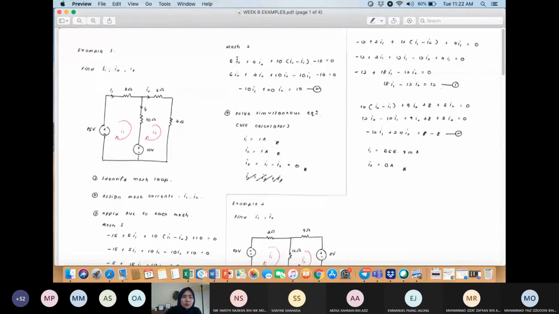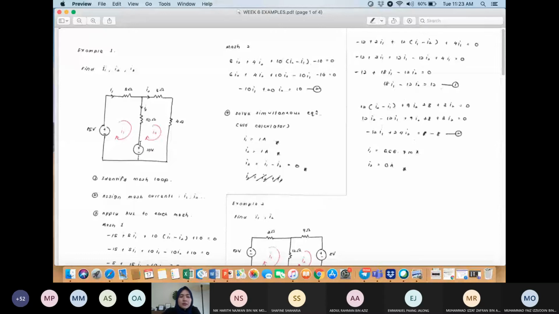From loop 2, the first resistor gives 6 multiplied with I2, plus 4 I2, plus 10 times I2 minus I1.